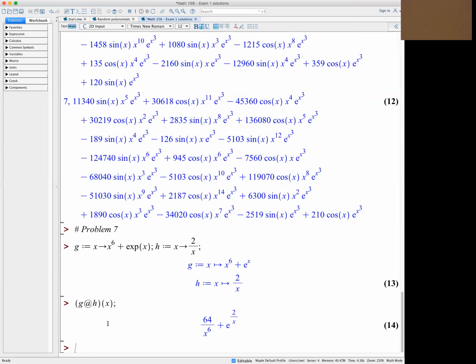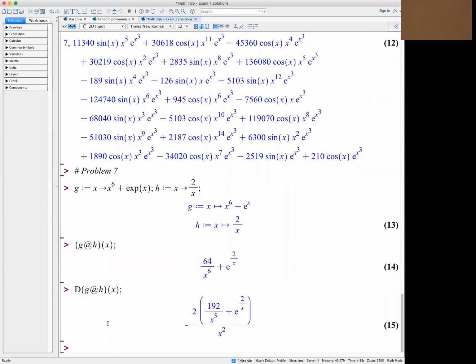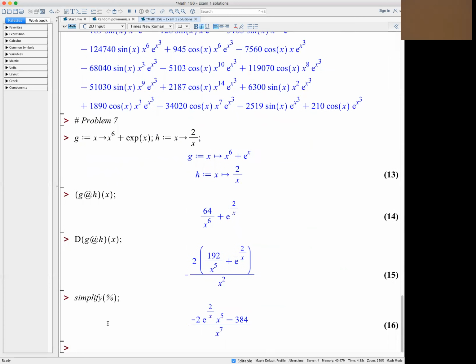And when you differentiate this, that's what you get. If you want to simplify that, you get the same expression, it only looks nicer.